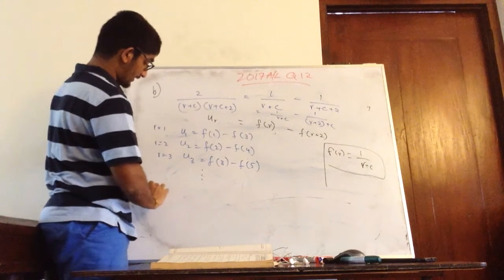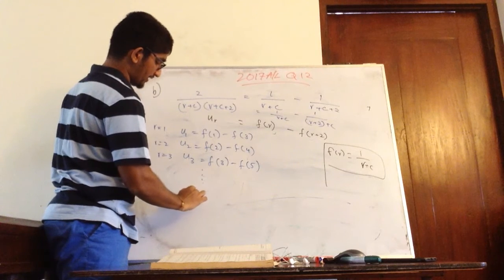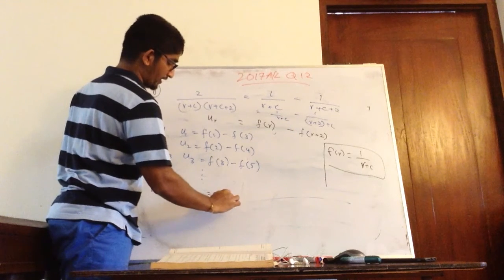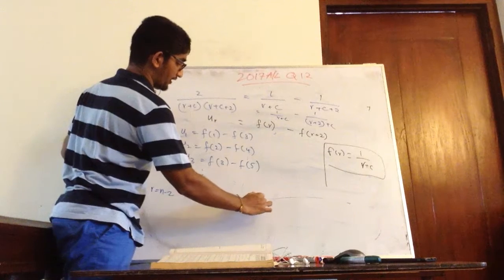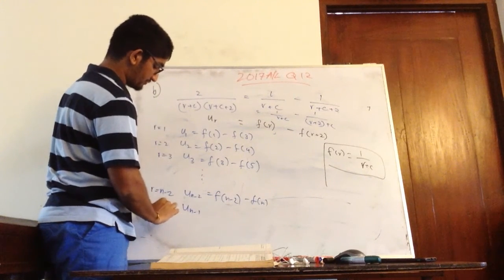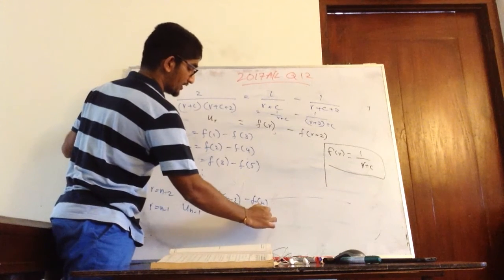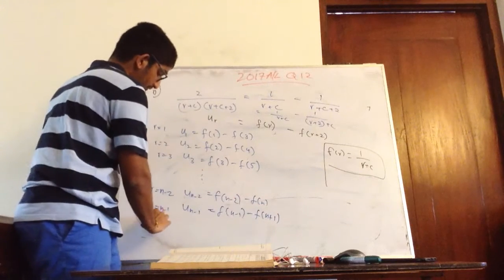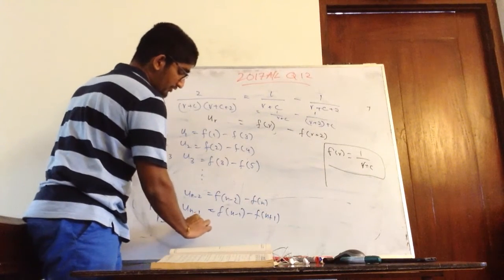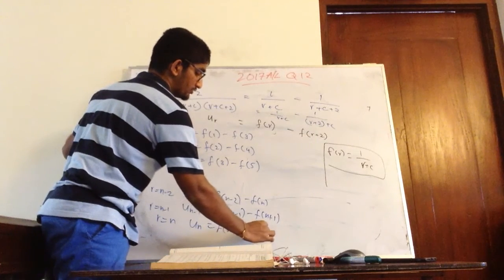Then r equals n minus 2, that is U n minus 2 equals f n minus 2 minus f n. Then r equals n minus 1, f n minus 1 minus f n plus 1. r equals n, U n equals f n minus f n plus 2.